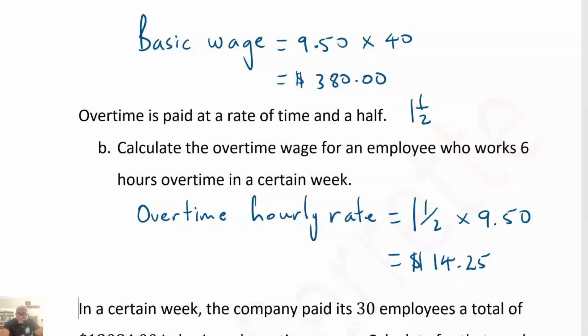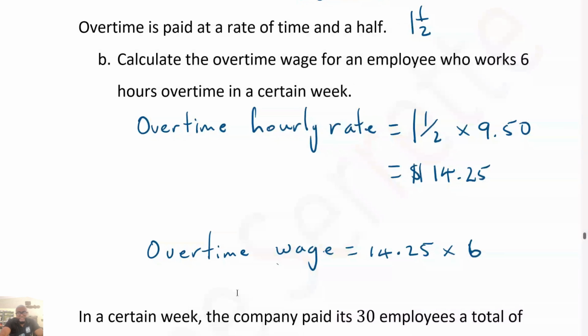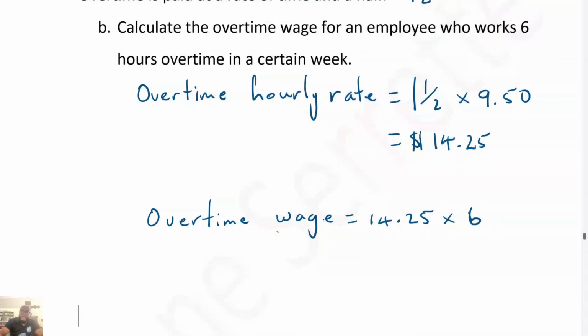But they want the overtime wage. So what do I need to multiply this 14.25 by? We want the overtime wage. So it'll be 14.25 multiplied by how many hours did he work? 6. Right? So how much will this give us? $85 and how many cents?